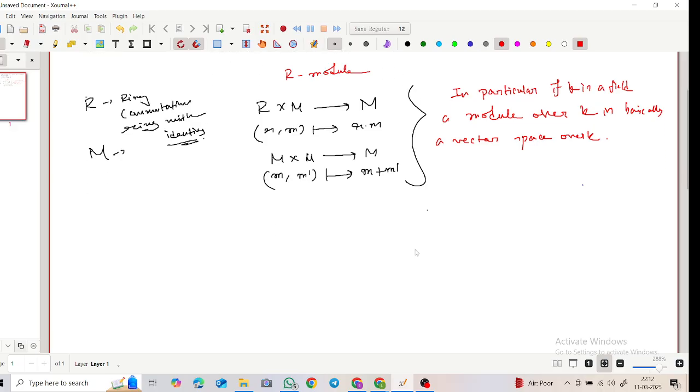So let's write down the proper definition of an R module. This is sort of a warm-up class. R is a commutative ring with unity.